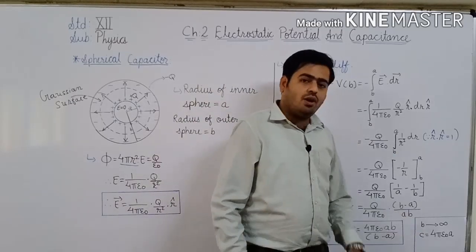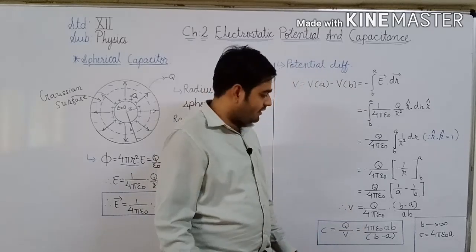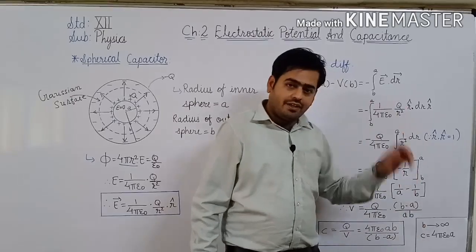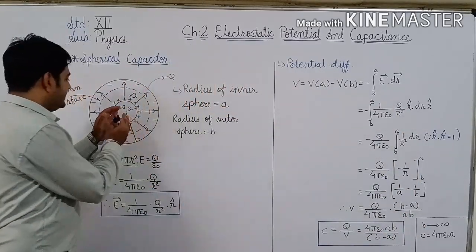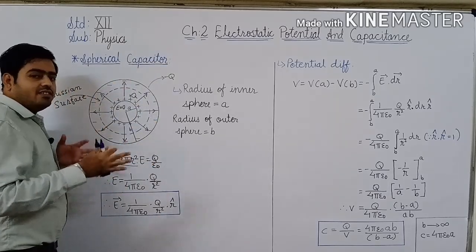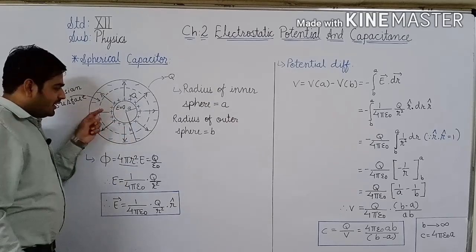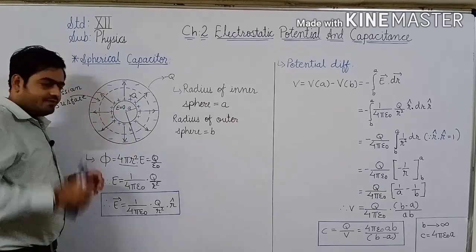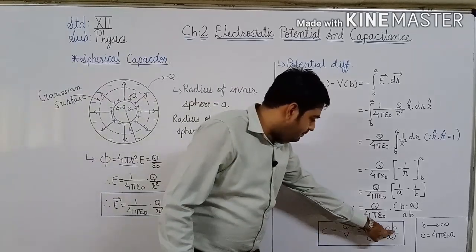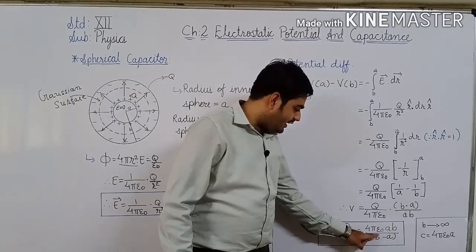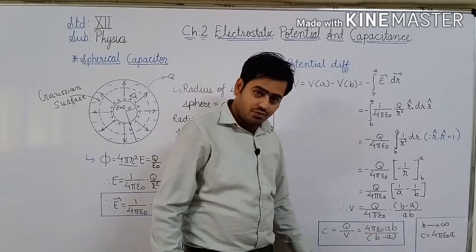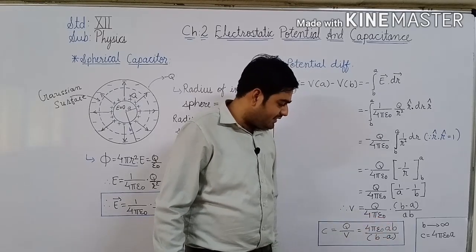Now if we think of only one spherical conductor, then we can take this B to be at infinity. It means if we consider this second sphere to be very large, and if the radius of the second sphere is very large in comparison to A, if it tends to infinity, then this value of B will be very large and A is very small in comparison to B. Therefore, we can neglect A in comparison to B. B will get cancelled.